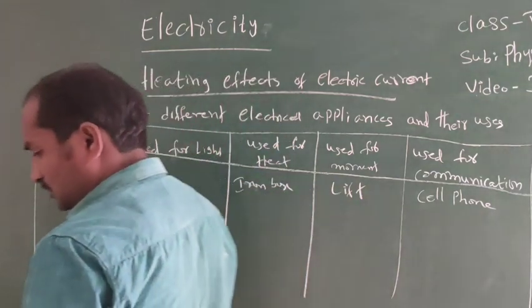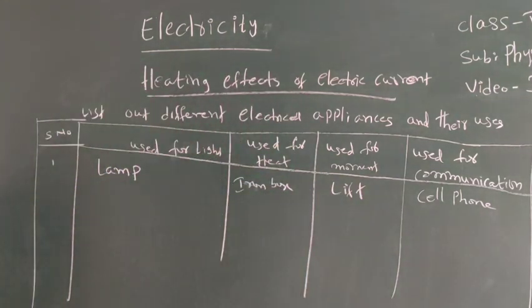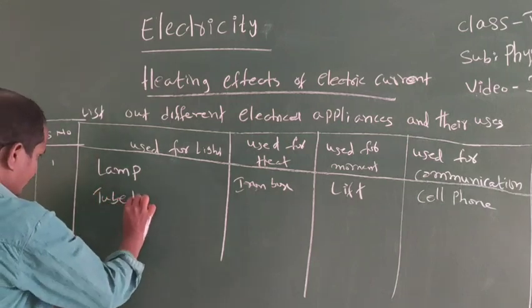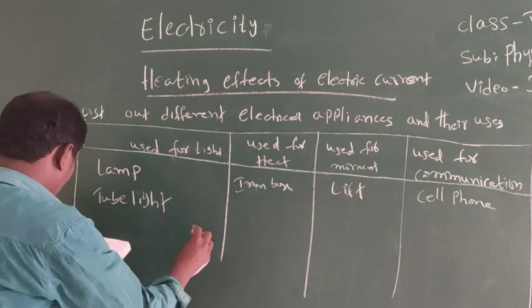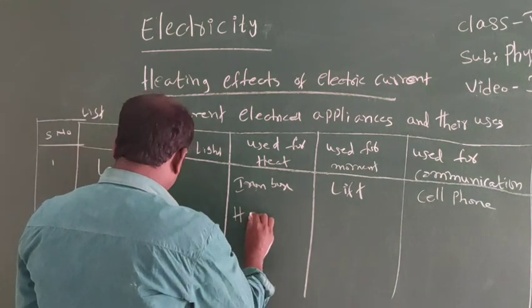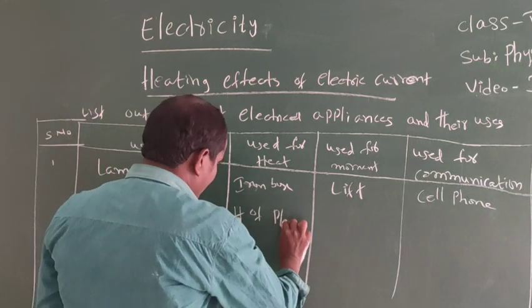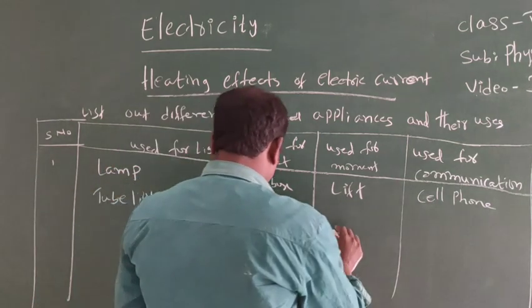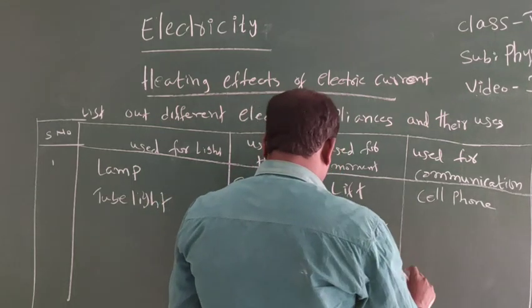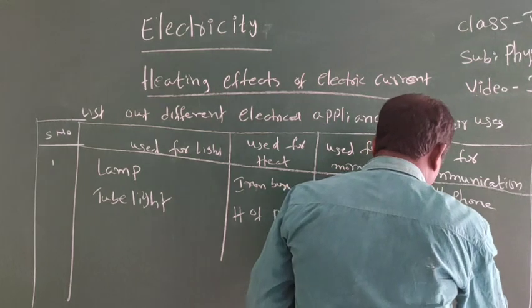Tube light, hot plate, used for movement, escalator and computer. Next one, tube light, used for heater. Hot plate, escalator, the computer.